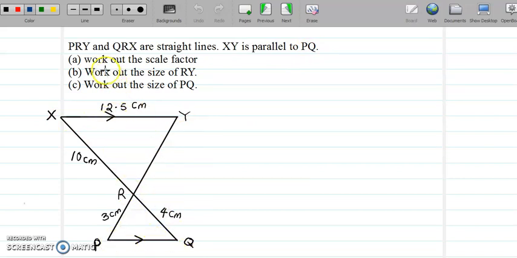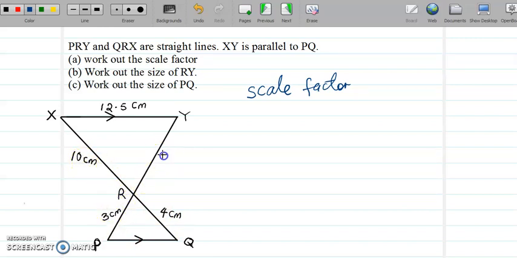Now work out the scale factor. For us to work out our scale factor, as I said, we always start from the known to the unknown. Since there are straight lines, this side corresponds to this side.